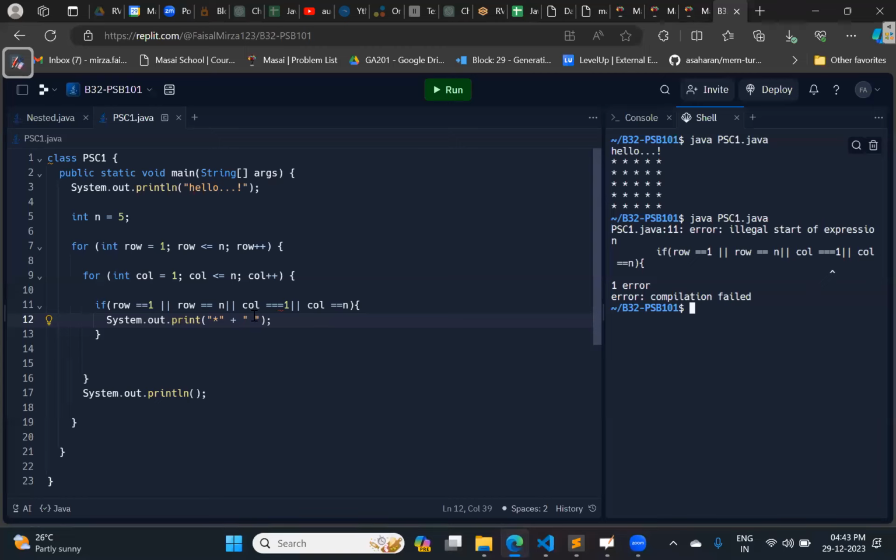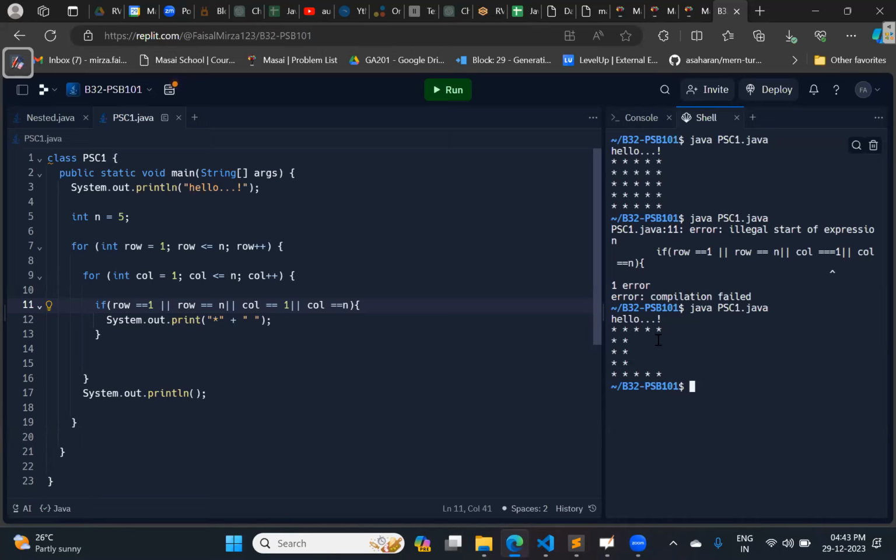Column, row. Okay, triple equals to does not work. So here it should be double equals to, right? So if you see, you are getting columns and rows, but if you are not giving the else condition, because of that, whatever the last column was there, it is coming to the first, second one.